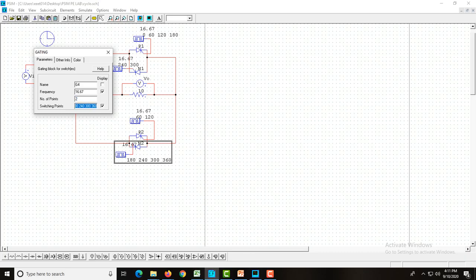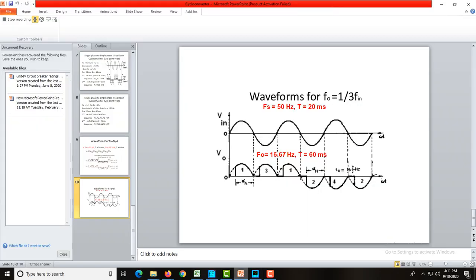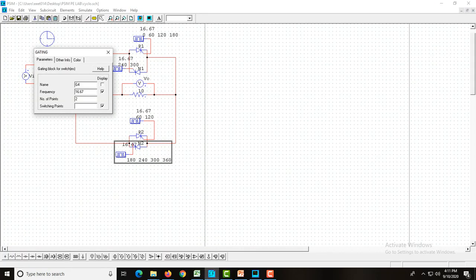So reverse those triggering points. That is 240 to 300. So here 4 switching points: 180 to 240, then 300 to 360.